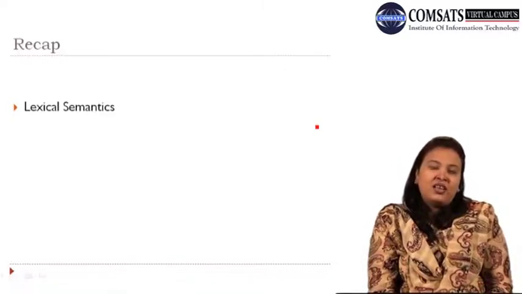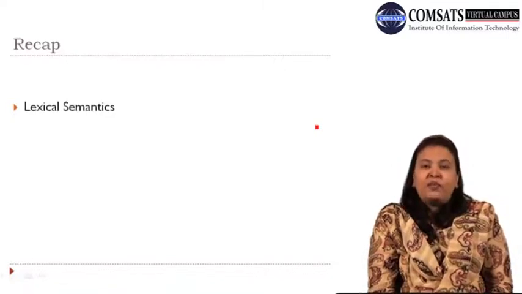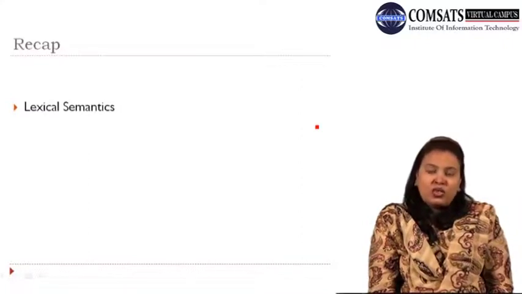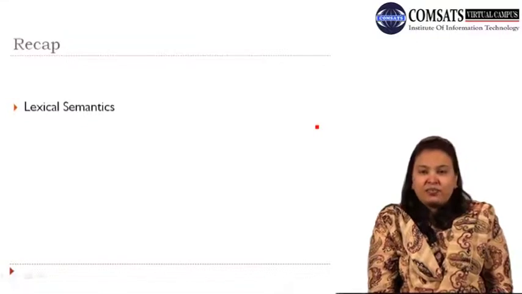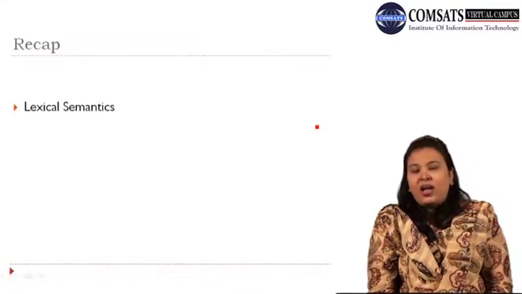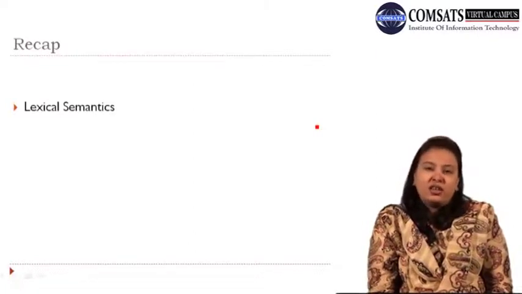Then we have another category, that of semantic roles, the way we give meanings to words according to their roles inside sentences. For example, I watched television. Now I is the one who performed the action of watching. So I is the agent. The semantic role is of agent.